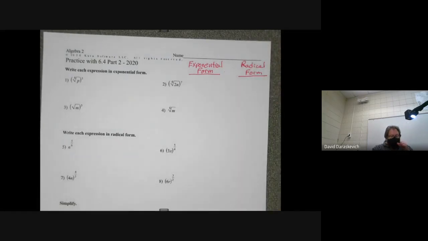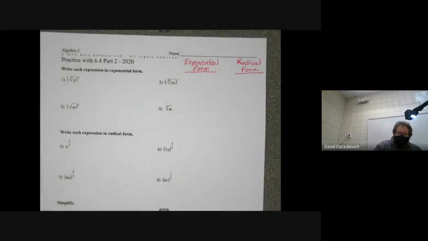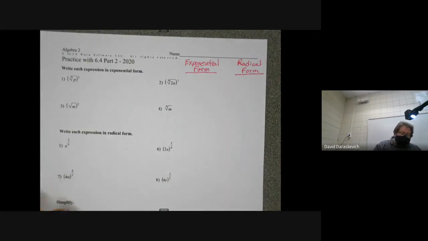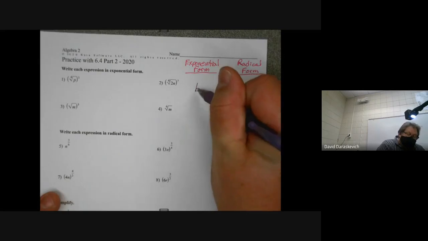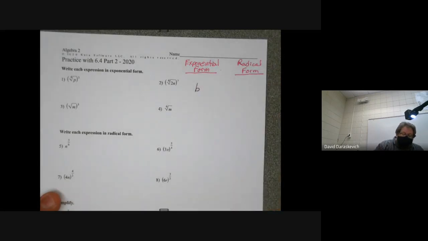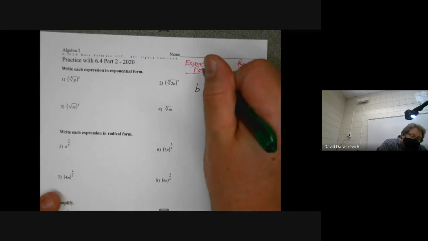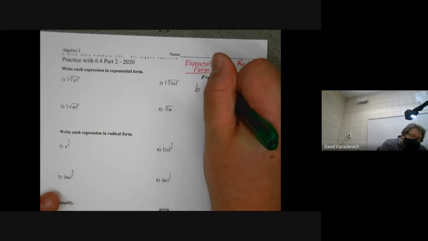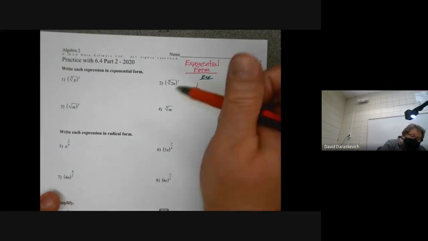So exponential form is when I have a base. I'll just say base. I'm going to try to use different colors for this. I have a base B, get it? B, base, to the, for the exponential form, I have the exponent divided by the root.